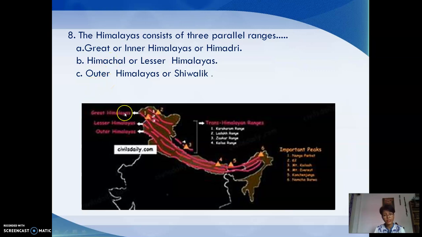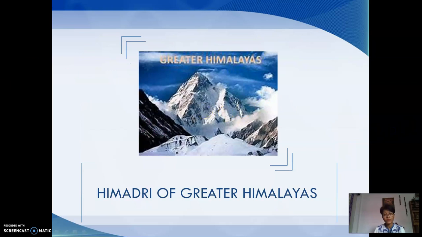First one, Greater Himalayas, you see, is on the top, that line it is showing. Then Lesser Himalaya or the Himachal one, the middle one. Next, Outer Himalayas or Shivalik, the southernmost parallel range.